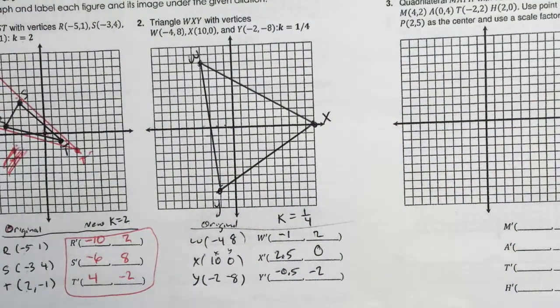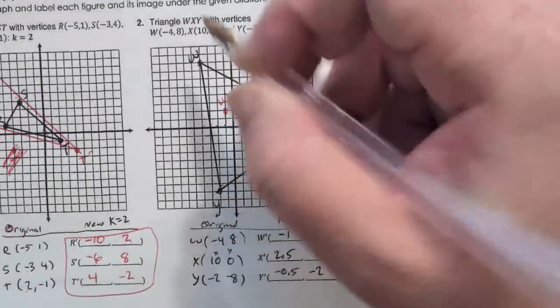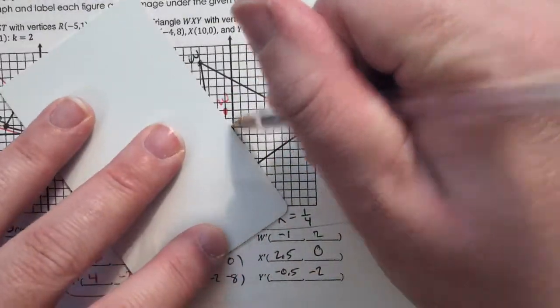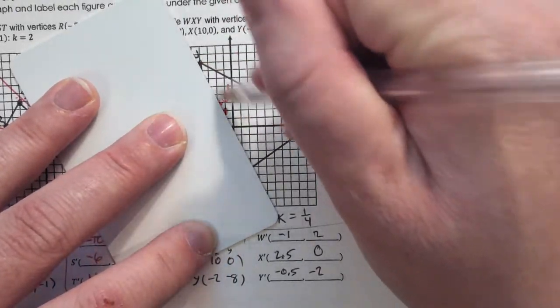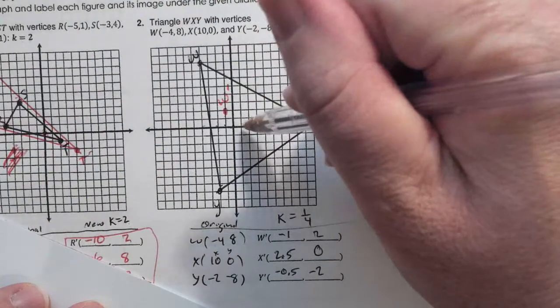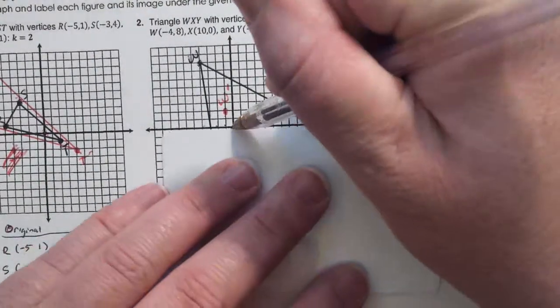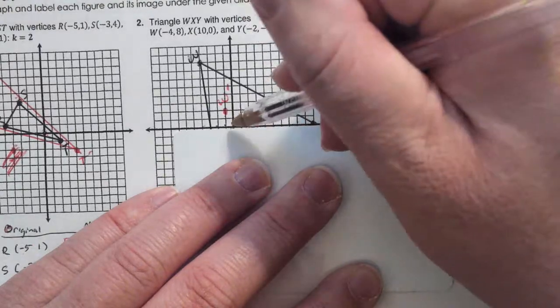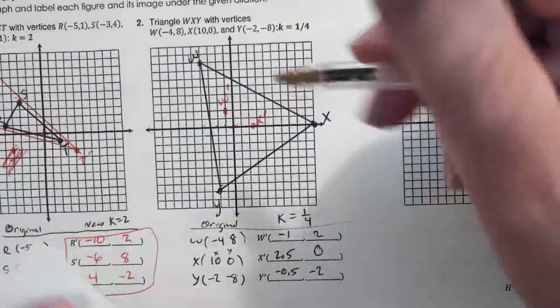Then we're going to plot our new points. So -1, 2, there's my W prime, and notice 0, W, and W prime are all on the same line. That helps us. So 2.5, 0, there's my X prime. Notice that your origin, X prime, and your X are all on the same line.